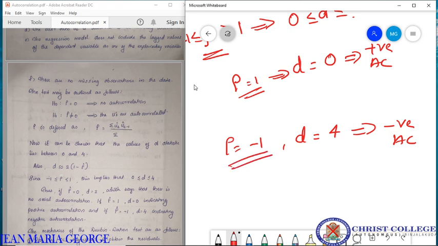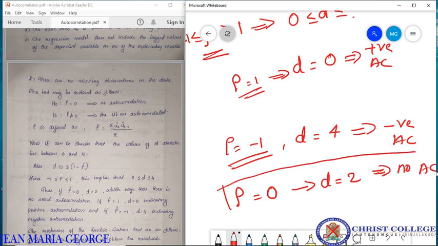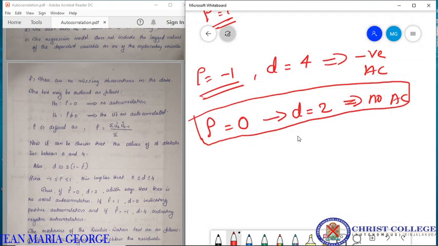And if rho equals 0, that means D equals 2, exactly in between the two ranges, and that says there is no autocorrelation. So the requirement for our regression is that the coefficient should be 0, the D statistic should be equal to 2, and that implies there is no autocorrelation.